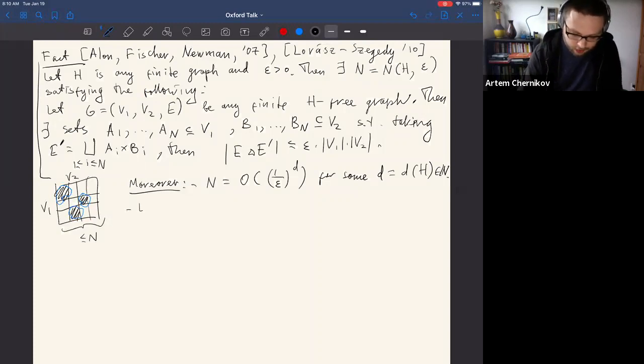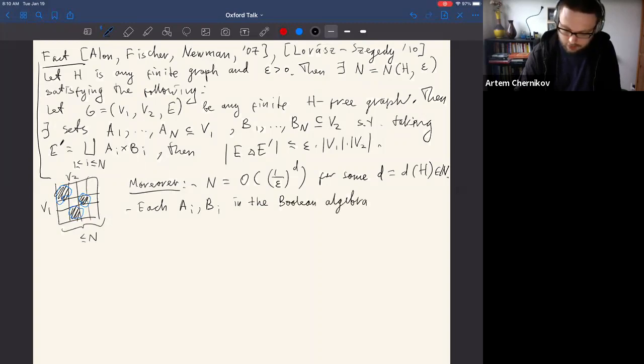Also, each of the sets, so each Ai, Bi, is in fact in the Boolean algebra generated by the fibers of the graph E.